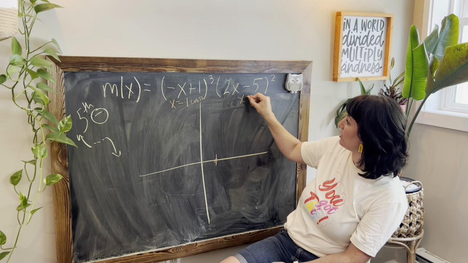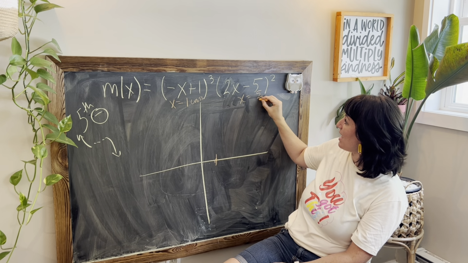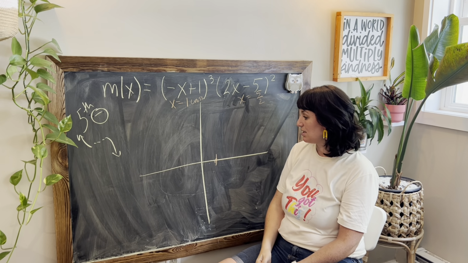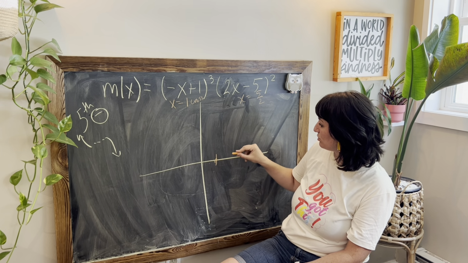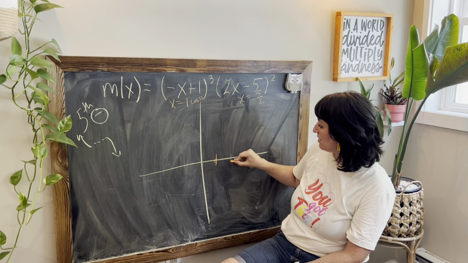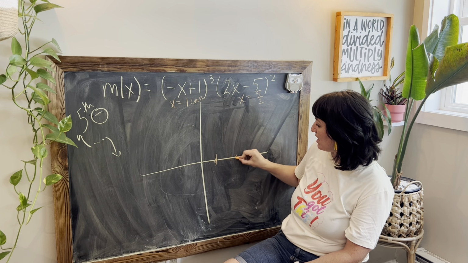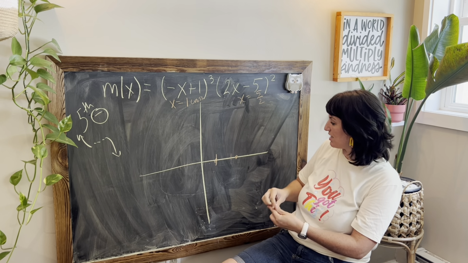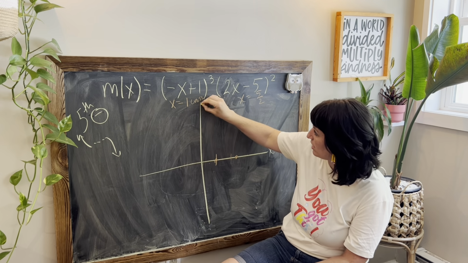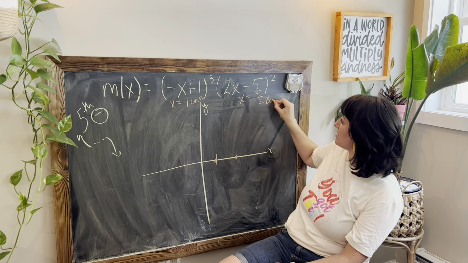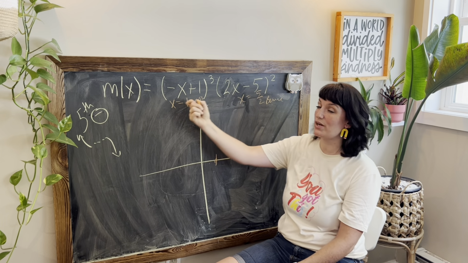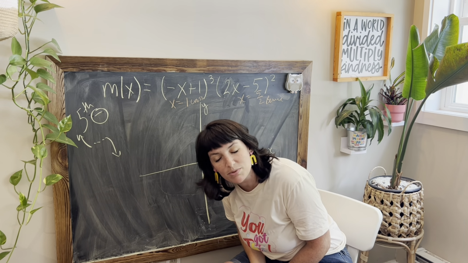This x value is 5 halves. So 5 halves is somewhere that's really like 2.5. Here's my 5 halves. This is just a sketchy sketch. I should probably say x and y, right? And it's going to bounce. It has a multiplicity of 2. This one had a multiplicity of 3.